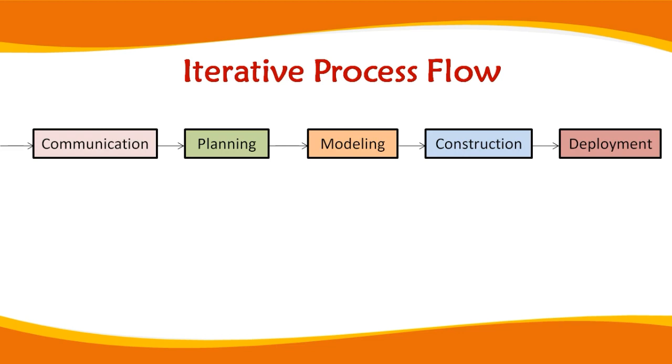Now the next process flow is iterative process flow. Iterative means loop condition, it is continuously rotating. So the same phases here, that is communication, planning, modeling, construction and deployment. Once the customer has communicated with the developer and given some specifications, the developer is going to plan the project.